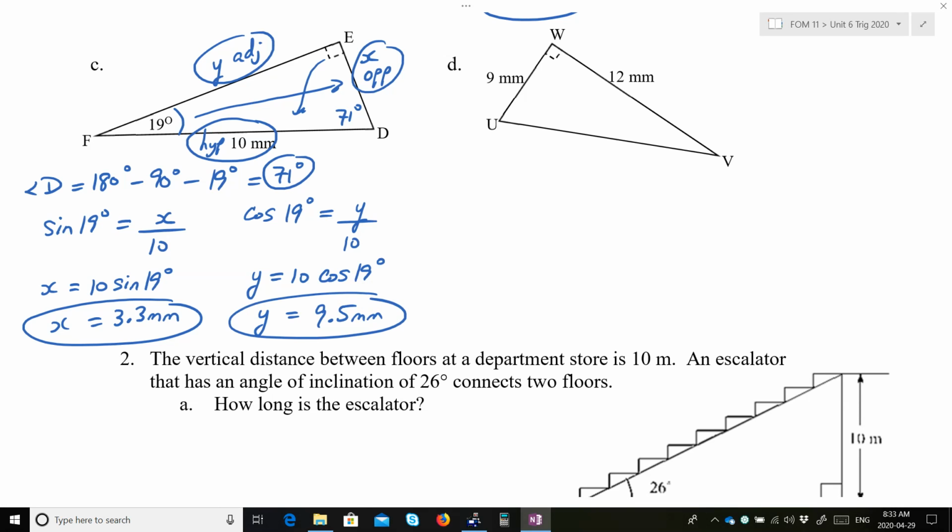Alright, and letter D, we've got one angle and two sides, and across from the 90 is the hypotenuse, which we could call C right now. So we have that missing side, and we have to find angle U and angle V. First of all, let's do Pythagoras to get the missing side. C squared equals A squared plus B squared.